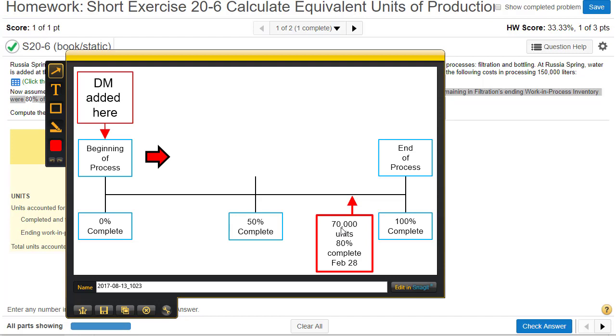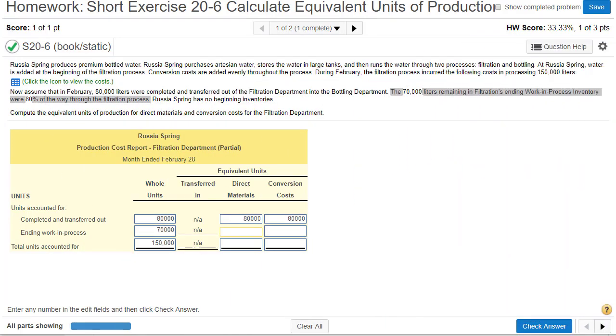Well, since these 70,000 units are 80% done and direct materials are added at the beginning of the process, then all of these units have had the direct material, water, added to them. So the percentage we use is 100%. So 70,000 times 100% means we've got 70,000 units with all of the direct materials added. All right, simple enough.